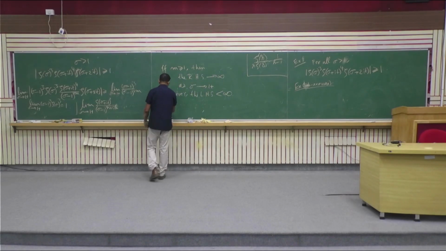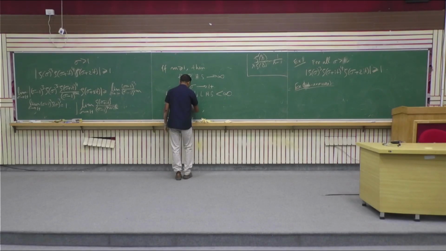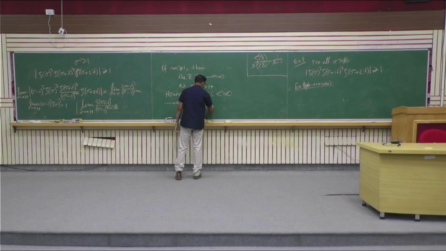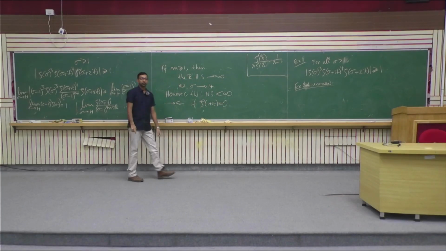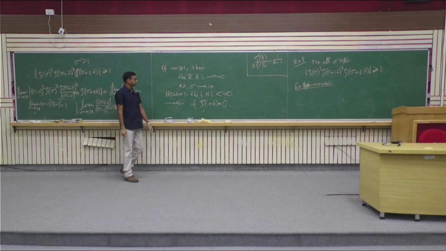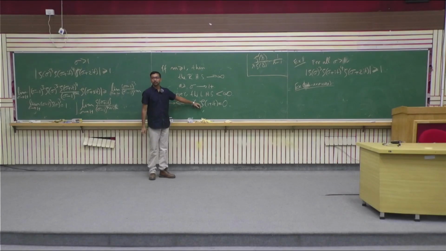So we are getting a contradiction if zeta of 1 plus it is equal to 0. In other words, the Riemann zeta function doesn't have a 0 on the line where the real part of s is equal to 1.